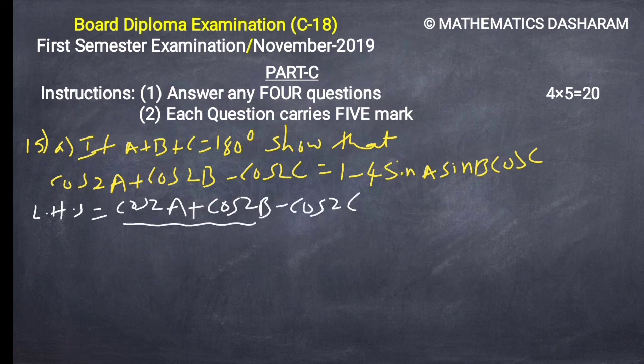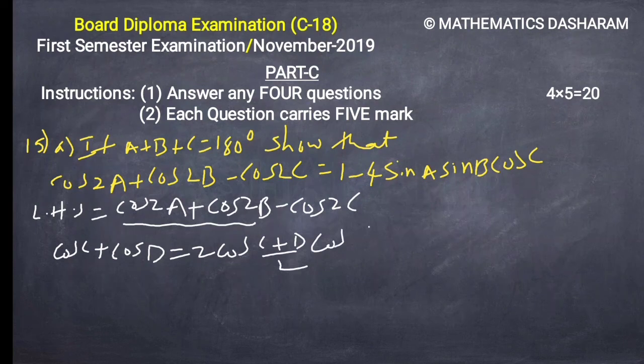For the first two terms, apply the cos c plus cos d formula, that is 2 cos (c plus d) by 2 into cos (c minus d) by 2, where c value is 2a and d value is 2b.